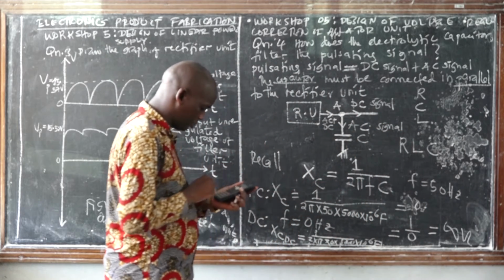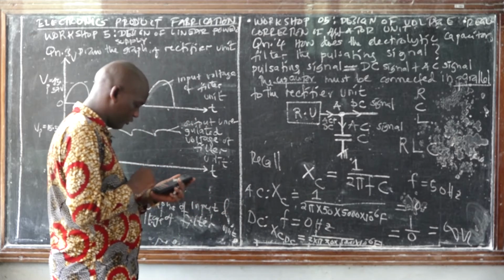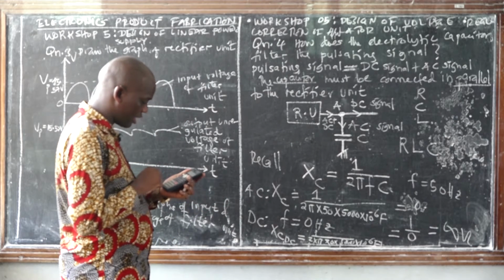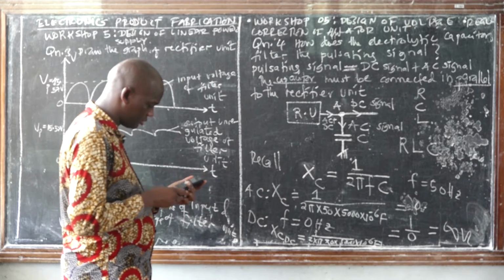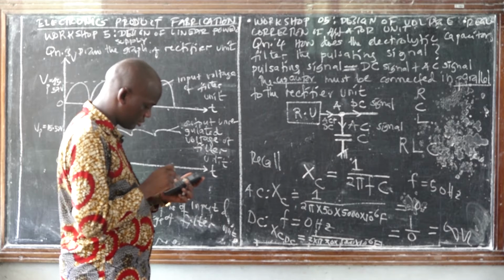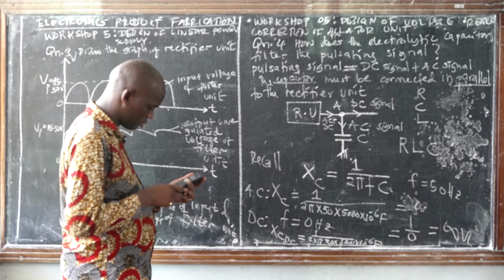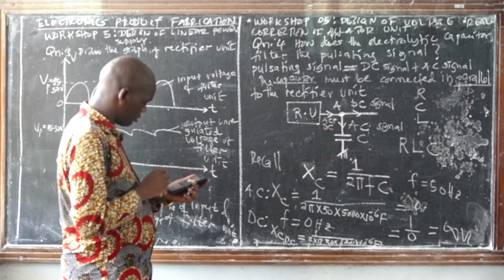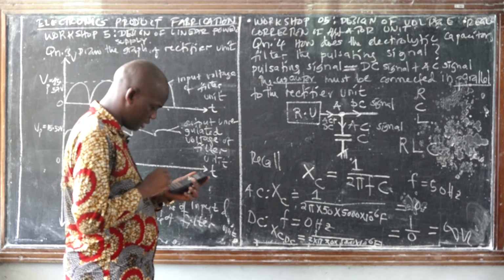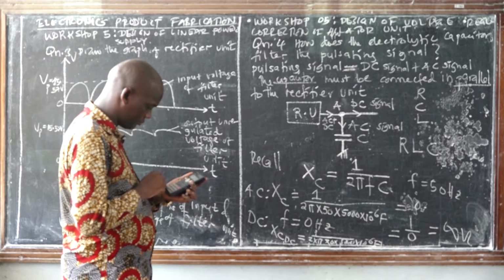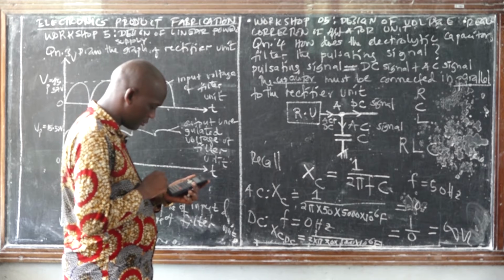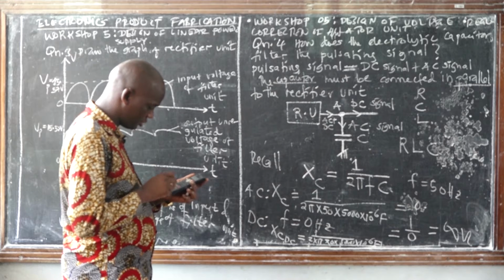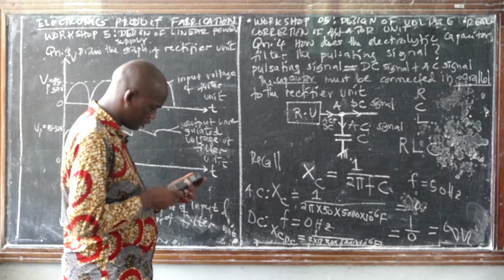2 times pi times 50 times 5,000 exponent negative 6. Then reciprocal. 250 pi times 50 times 5,000 exponent negative 6. Then we find the reciprocal.